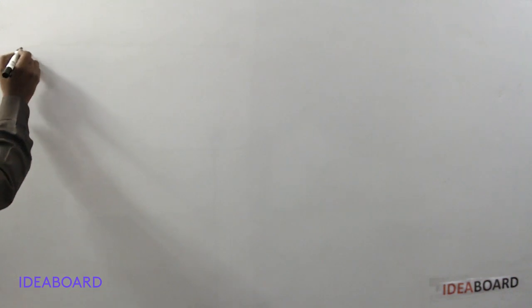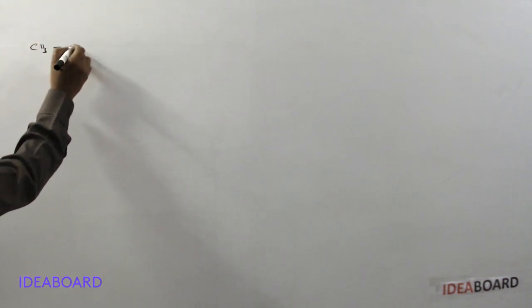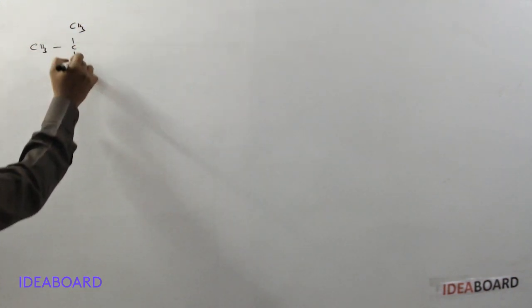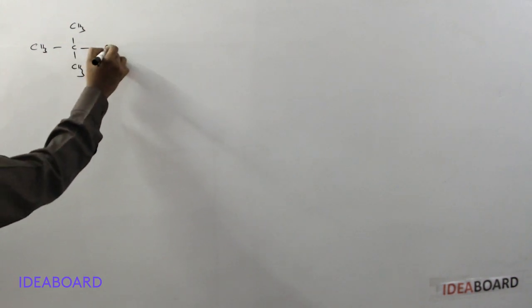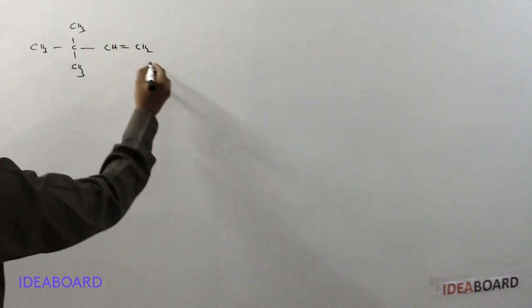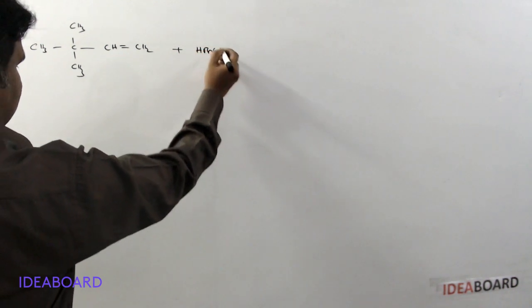Next reaction: suppose a compound has CH3 C CH3 CH3 CH double bond CH2 plus HBr.